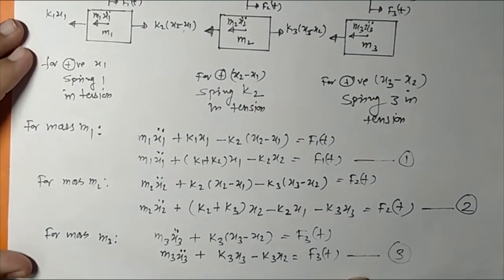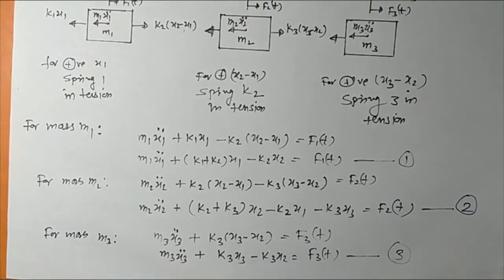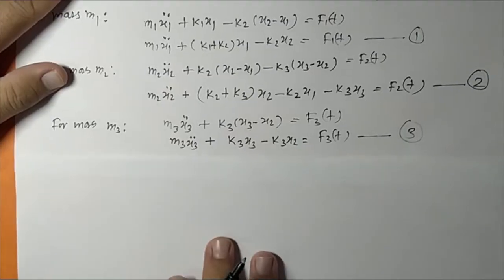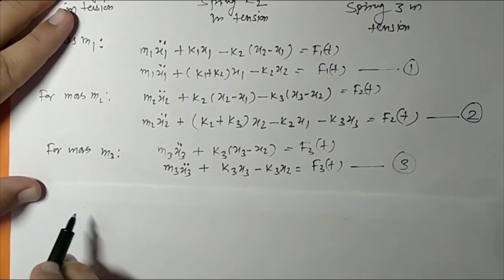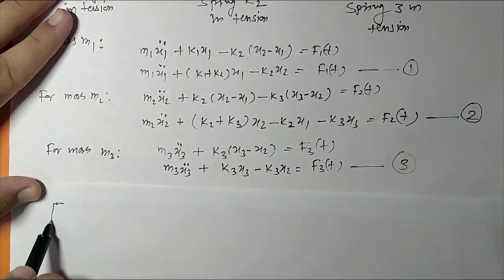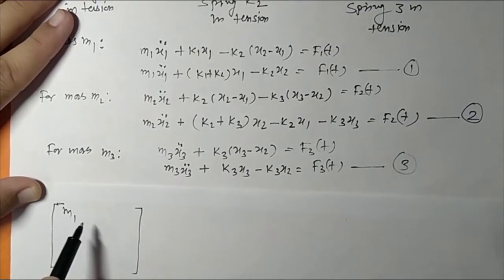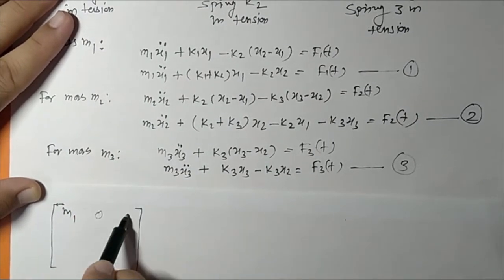Now we'll put all three equations 1, 2 and 3 in matrix form. So for this, from equation 1, 2, 3, we will have m1 x1 double dot, 0, 0.